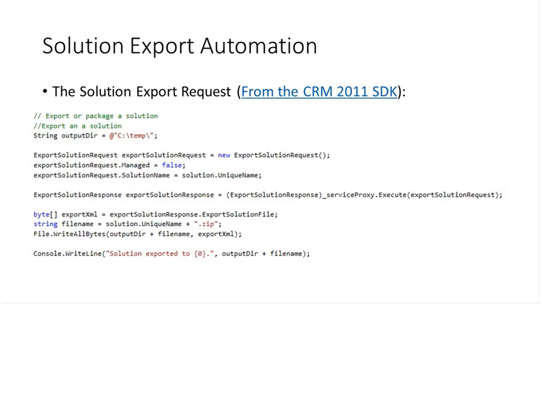You also may need to export unmanaged and managed versions of the same solution if you are using managed solutions. So here is an example from the Microsoft CRM SDK of a code sample that you can use to very quickly create a command line utility that will export a given solution for you.